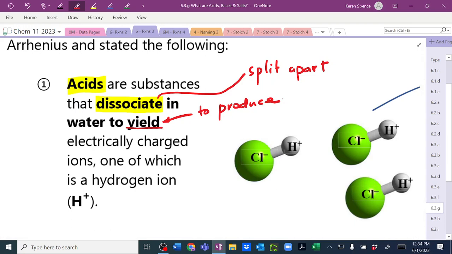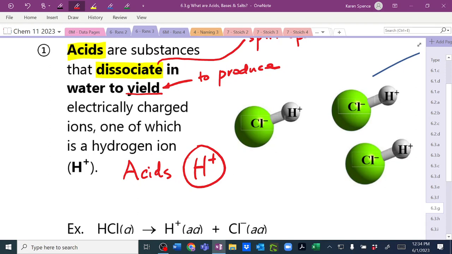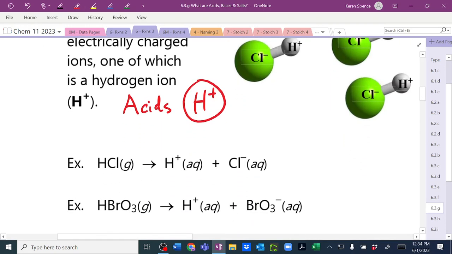So this is the key thing here, is that acids release hydrogen. Okay, hopefully you knew that already, but just to hammer that point home. Now we can write the dissociation equation.